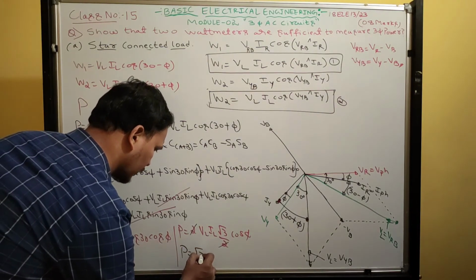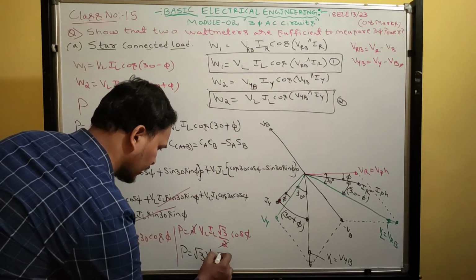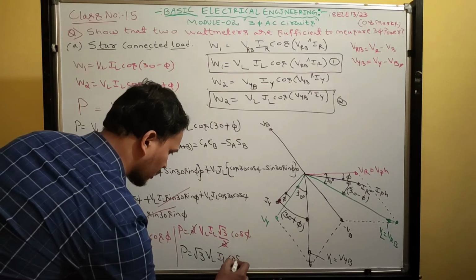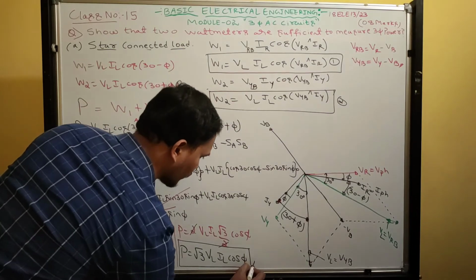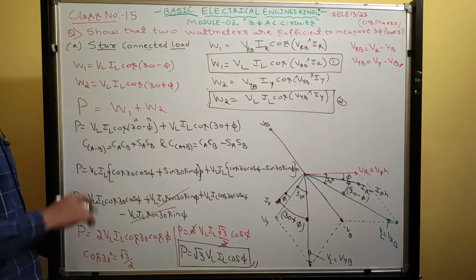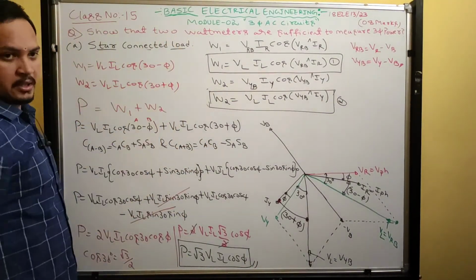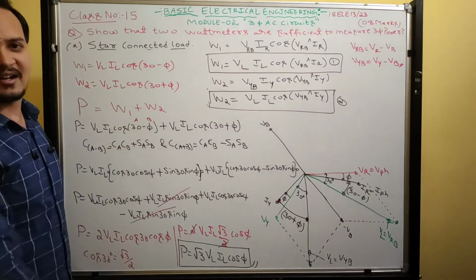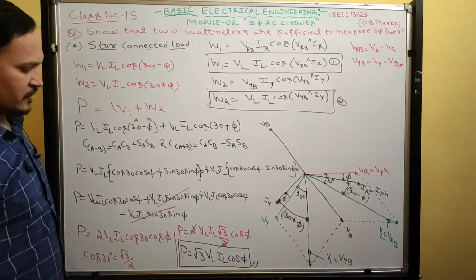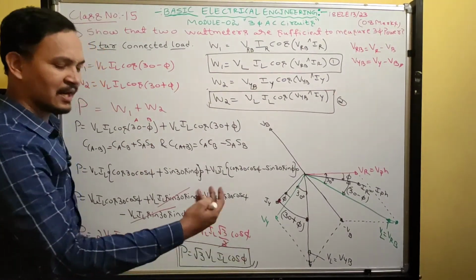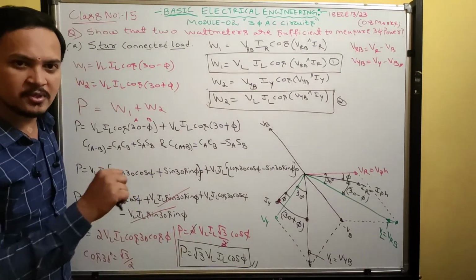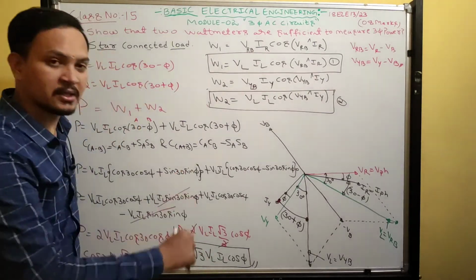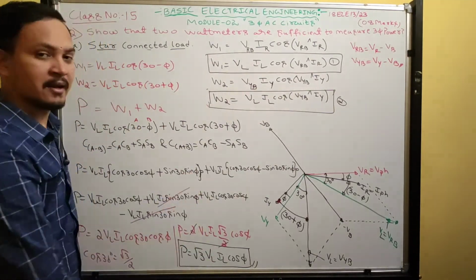Power is equal to root 3 VL IL cos pi. This is the power consumed, by the two wattmeter method, for a three-phase star connected load. This power equation is in terms of what? Line parameters, line voltage and line current.